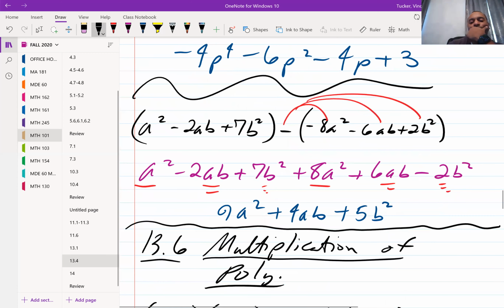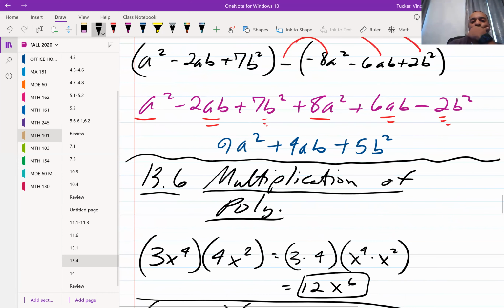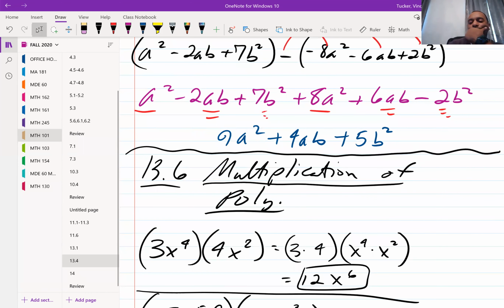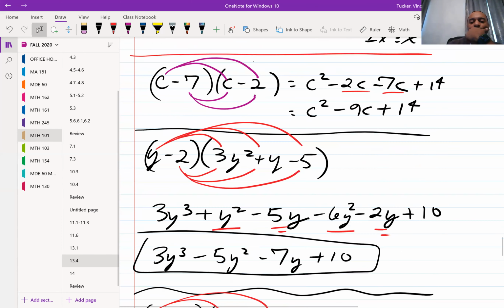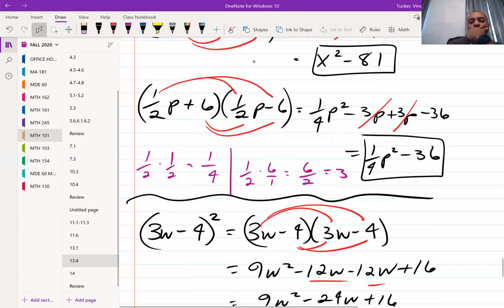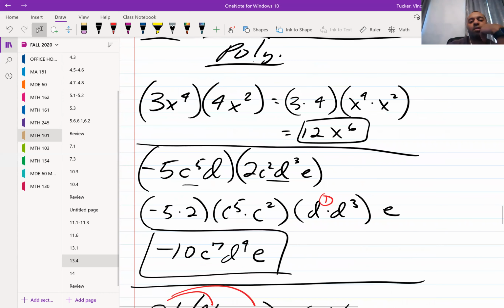All right. Got multiplication of polynomials. Let's see, how long is this section? Well, we can do this, right? It's not going to take that long. Let's knock this out.